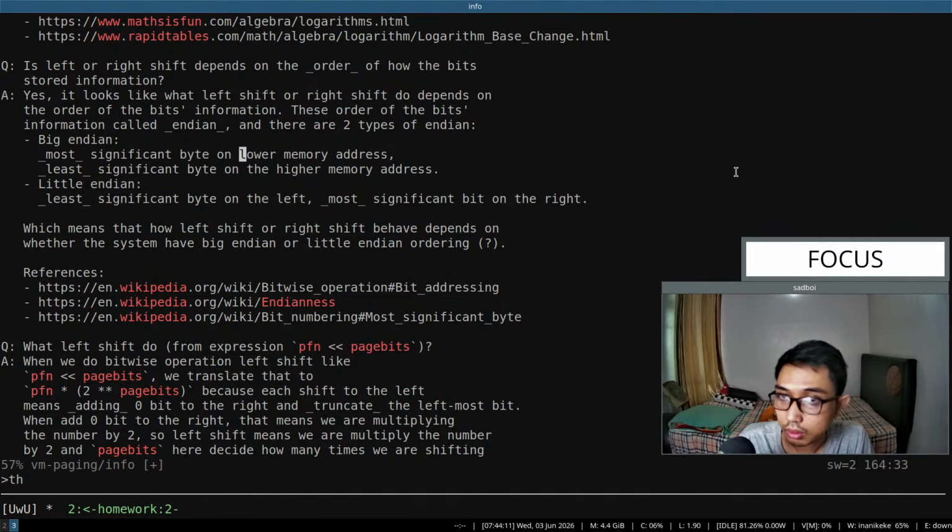Most significant byte on lower, or maybe using a pair on lower or higher memory address, and this one is lower memory address.